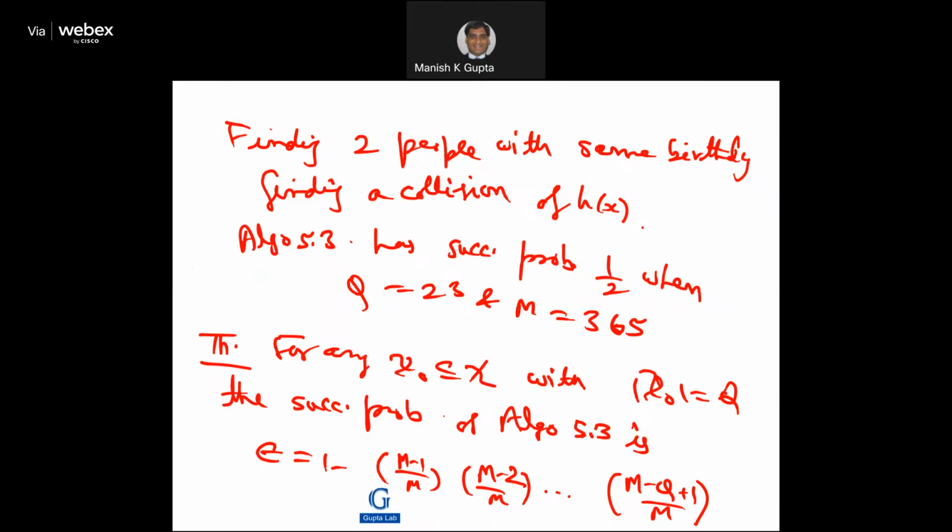Now actually we have a general result for X naught being a subset of X with q queries. The success probability of algorithm 5.3, the collision algorithm, epsilon is 1 minus (m minus 1)/m times (m minus 2)/m dot dot dot (m minus q plus 1)/m. The proof is straightforward, so I am just showing you.